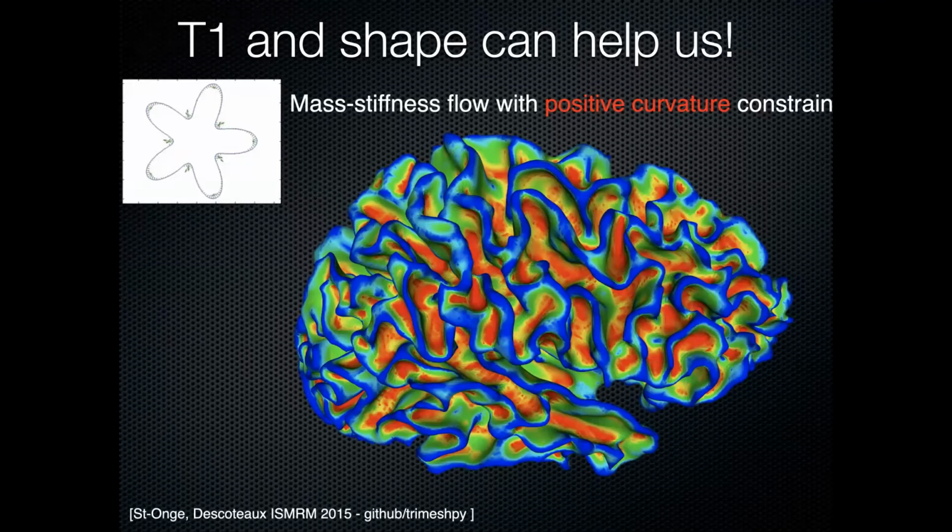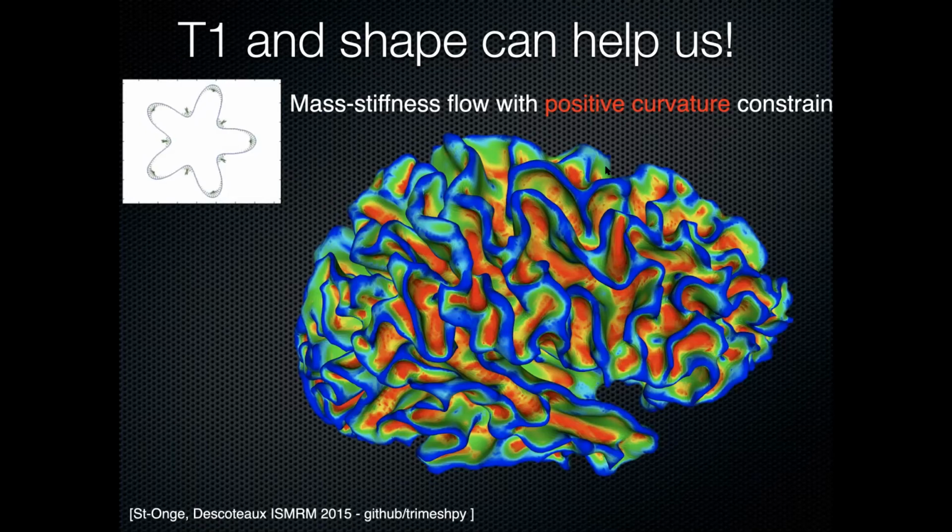So you can see that if you have a nice T1 segmentation of the cortex, it's kind of easy nowadays to get geometrical features on this cortex. So you can have it at the gray matter, you can have it at the white matter, gray matter interface. And so our objective in the last 5-6 years with Etienne Saint-Onge in my lab was to try to bring this into the tractography world.